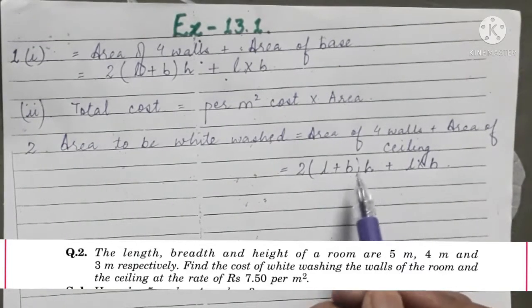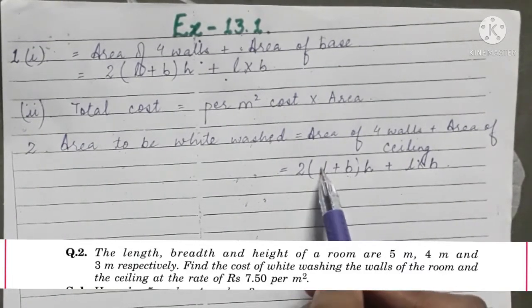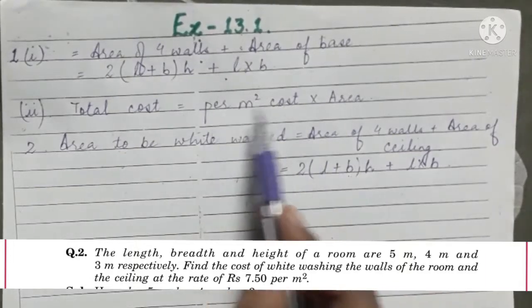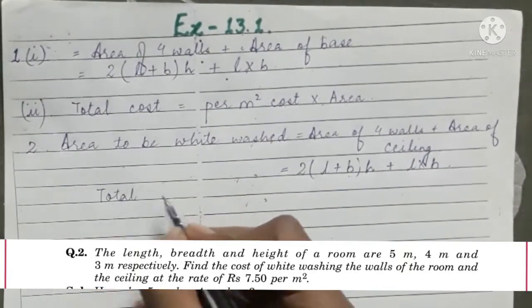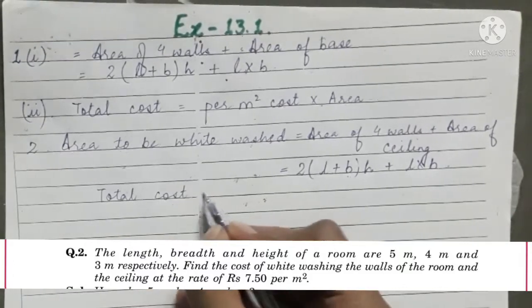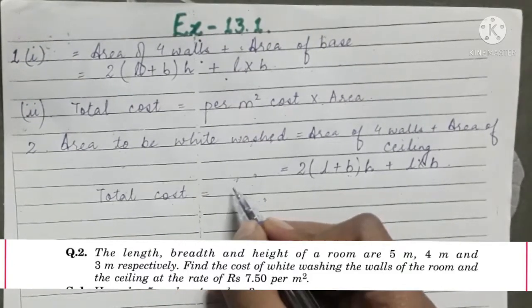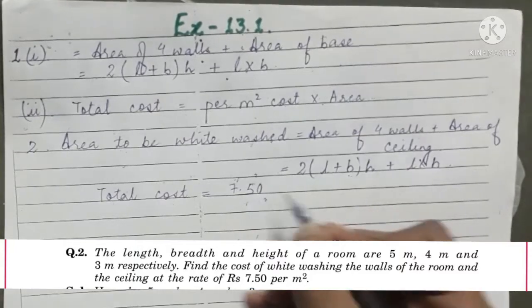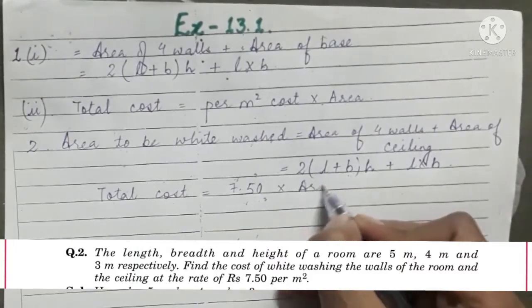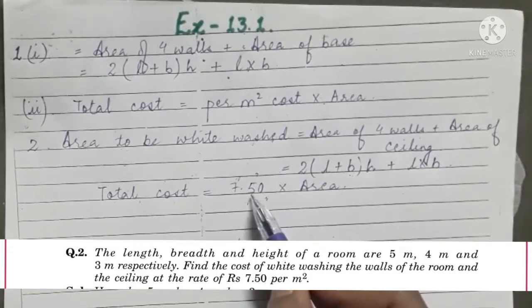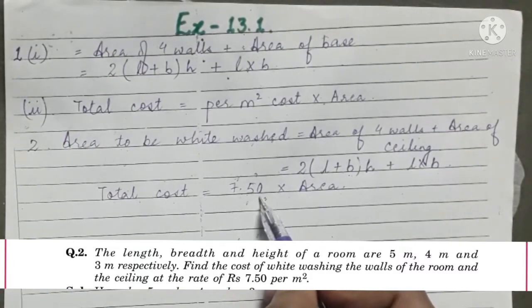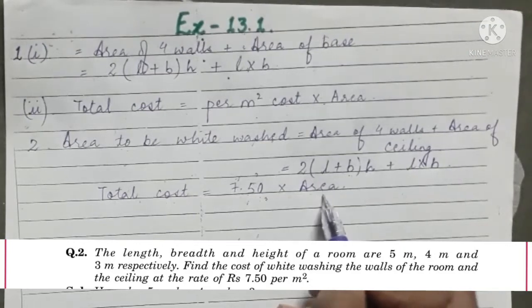So from this you will calculate the area, and then putting this area in this formula, total cost will be equal to the per meter square cost, which is 7.50, multiplied by area. So whenever you have to find total cost, you have to multiply the per meter square cost by area.